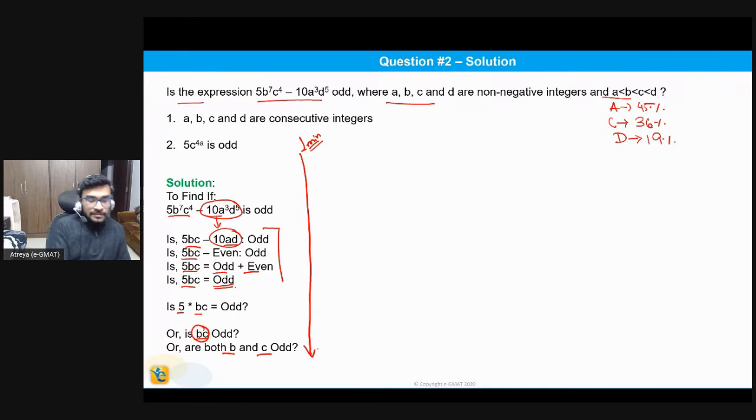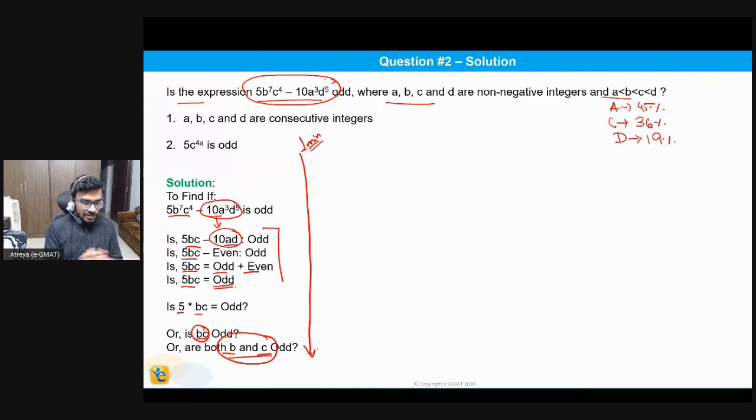But going from this complex expression to just answering whether b and c are odd would save a lot of time when I move back to analyzing the statements. So this translation of the entire question into parts, and then getting to that last bit, is really very important to crack those difficult GMAT questions.